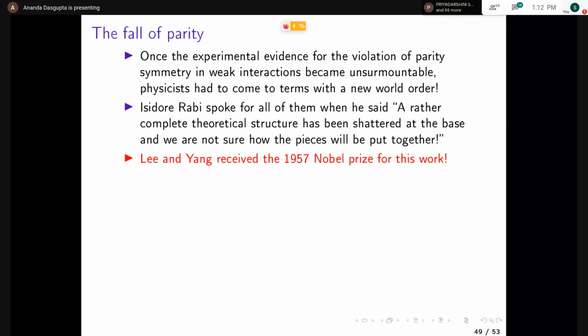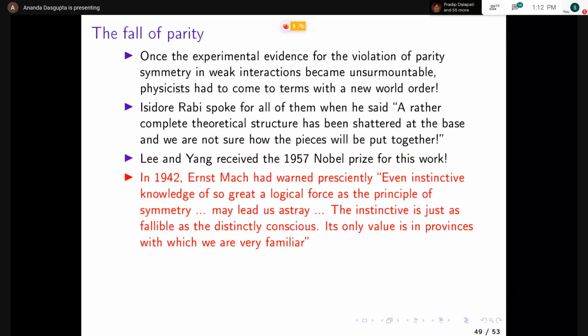Lee and Yang received the 1957 Nobel Prize, one year after their paper, for this work. And just to round this off, Ernst Mach had actually warned rather presciently that even instinctive knowledge of so great a logical force as the principle of symmetry may lead us astray.